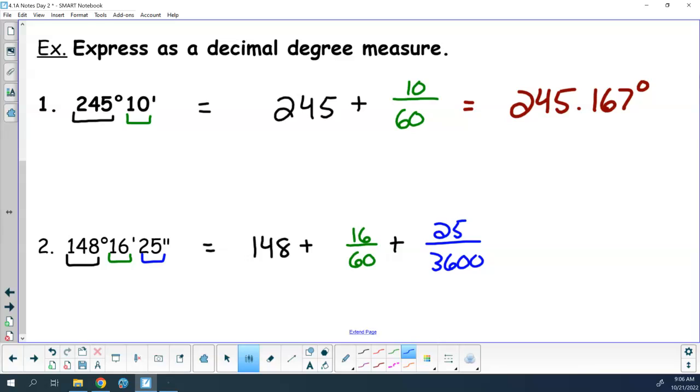Okay? So when you type all of that into your calculator, you should get 148.274-ish degrees. Yes? Love it. Good times.